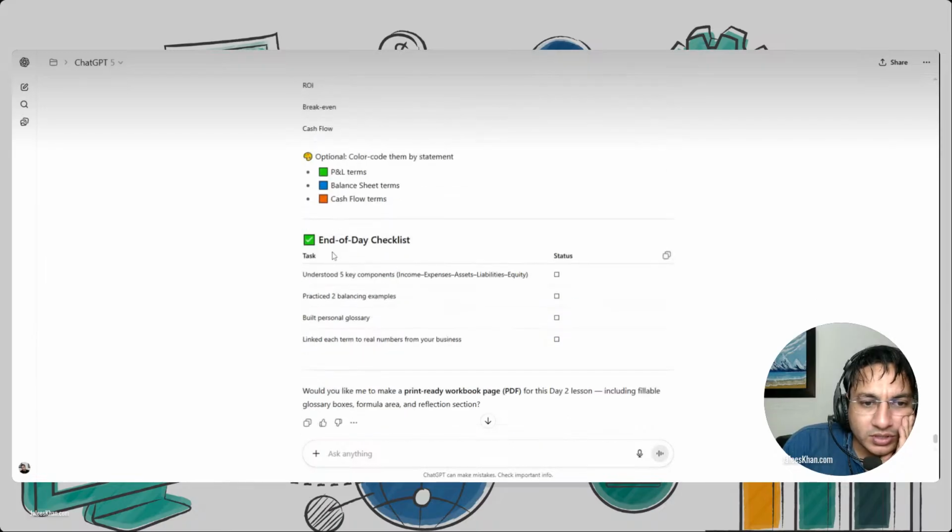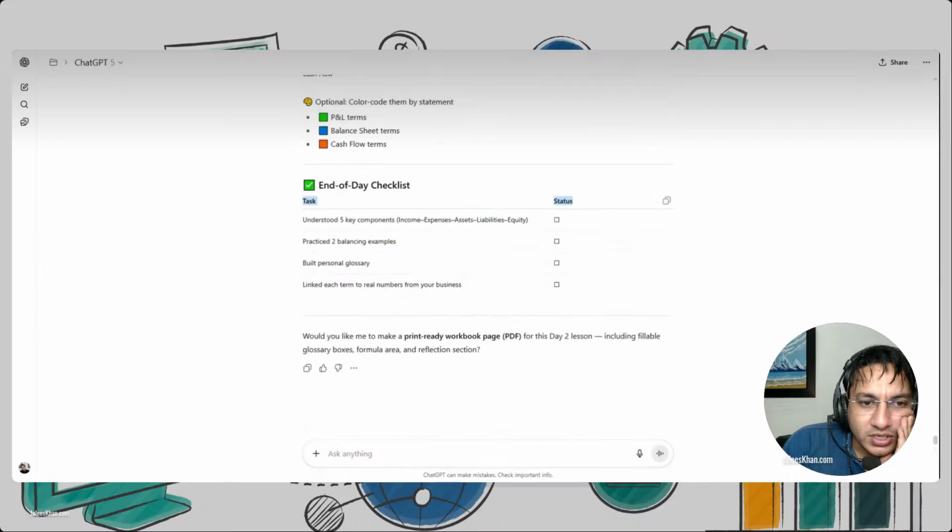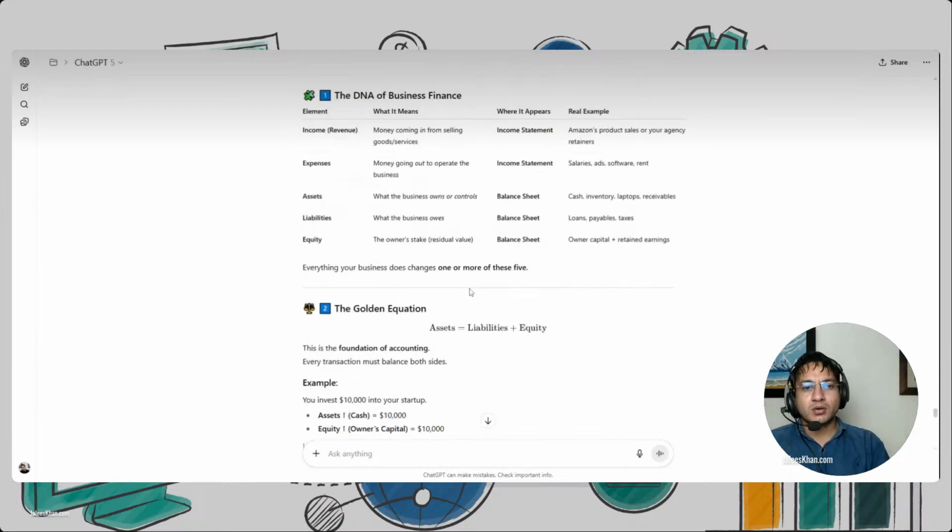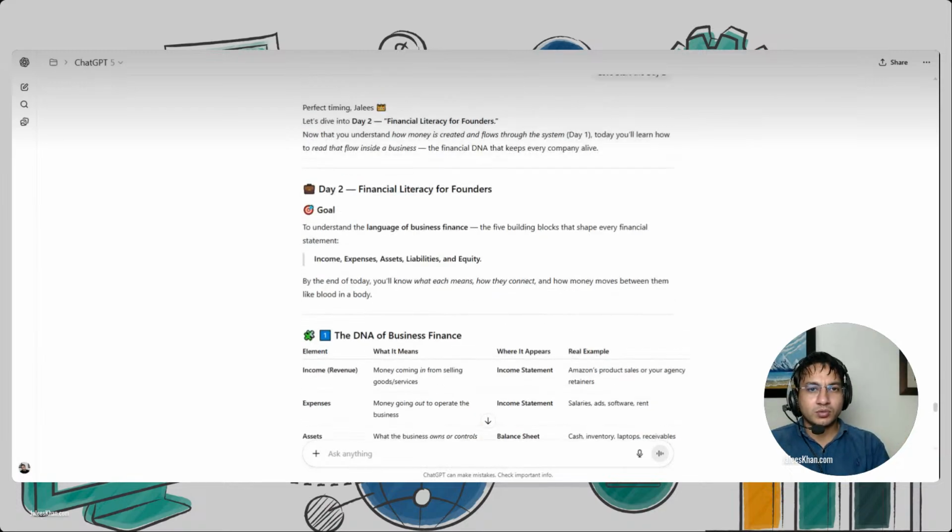Optional, do this thing: end of the day checklist, and this is 5 concepts, practice 2 balancing examples. What does this mean? Build a personal glossary, link each term to real numbers from your business. Okay, we will do it, but there are two questions we are going to ask about this.